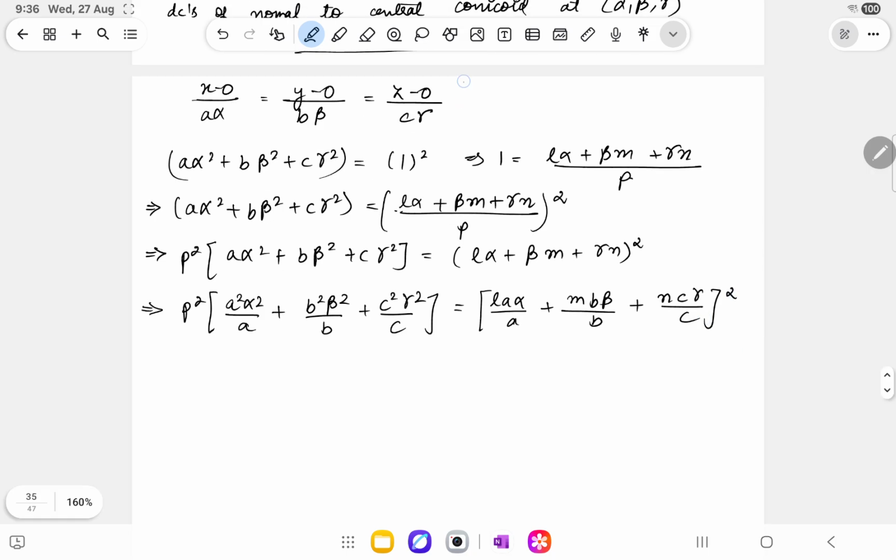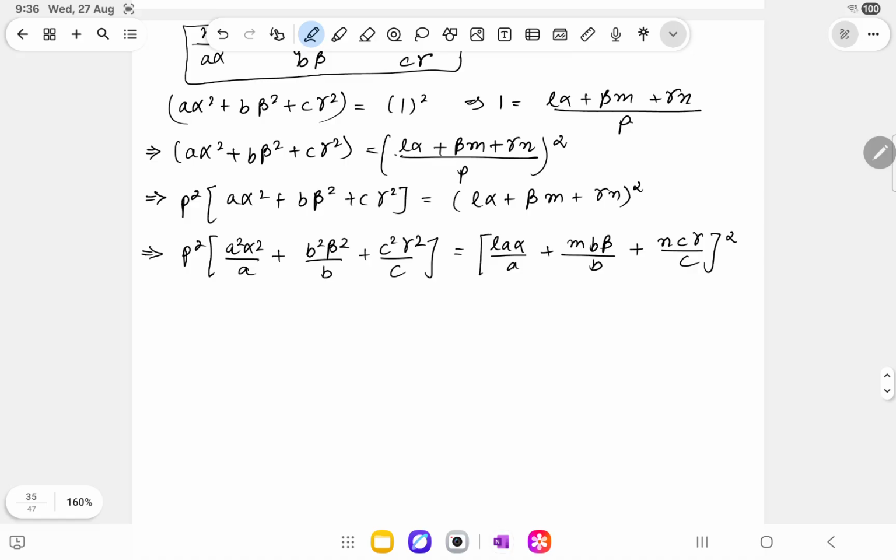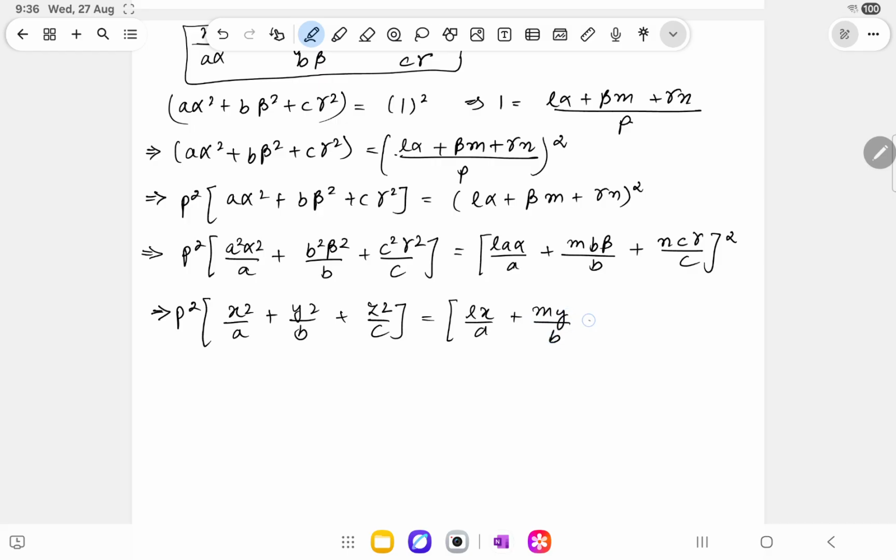And from here I can easily eliminate a alpha, b beta and c gamma, which will give me my locus as x square by a plus y square by b plus z square by c is equals to lx by a plus my by b plus nz by c whole square.